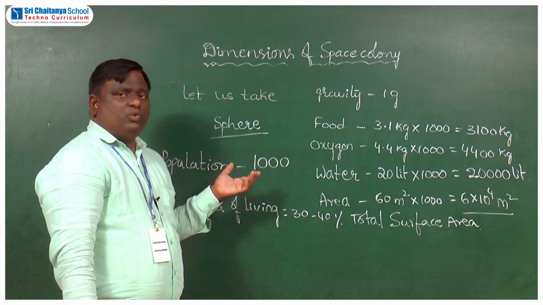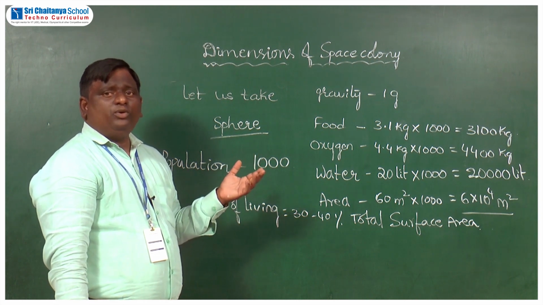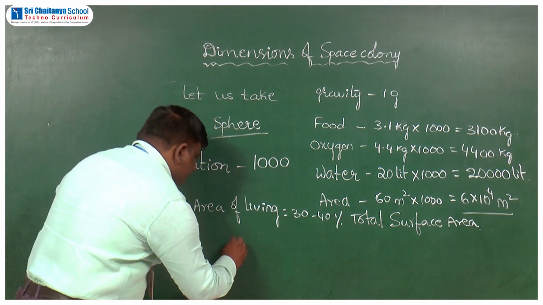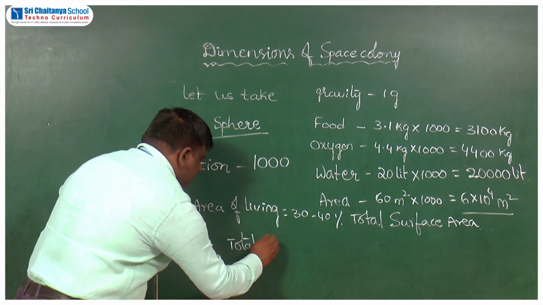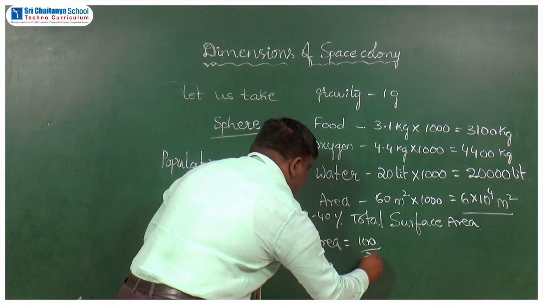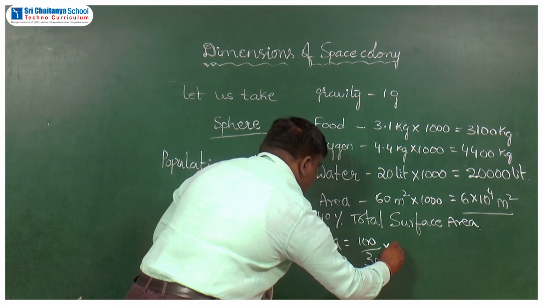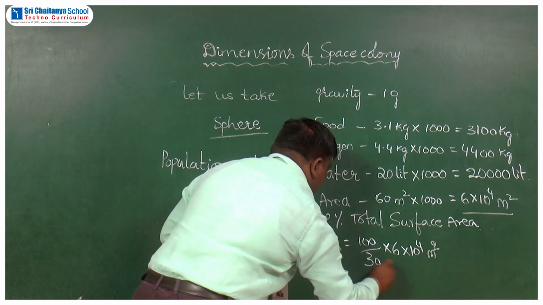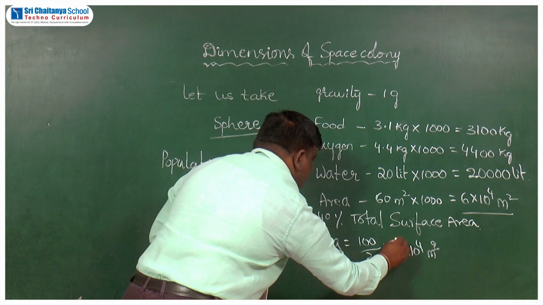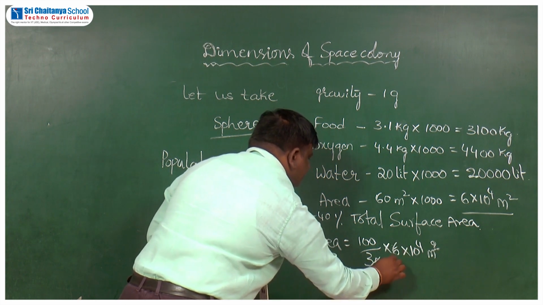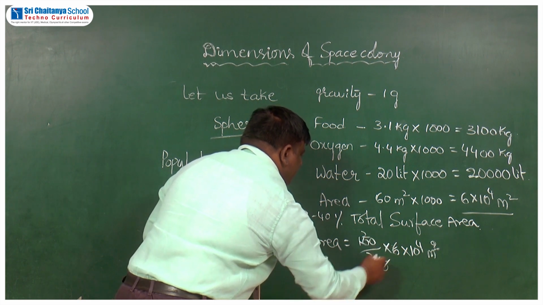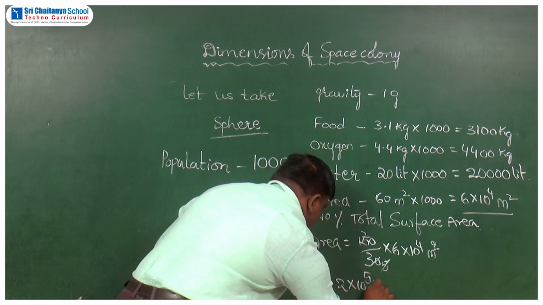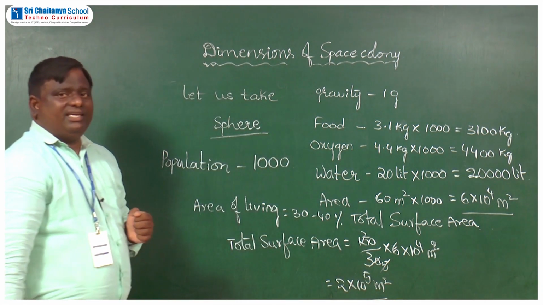Total surface area is equal to 100 by 30 into 6 into 10 power 4. How are we calculating it? 100 by 30; let us suppose in this case only 30% area is considered. It is 6 into 10 power 4 meter square, which implies 5 times, so 2 into 10 power 5. It is 2 into 10 power 5 meter square that will be our total surface area.